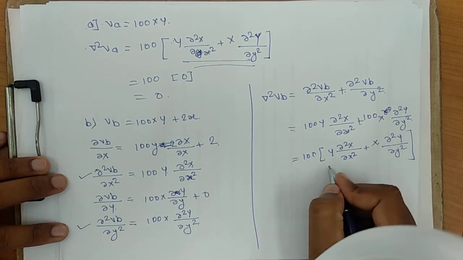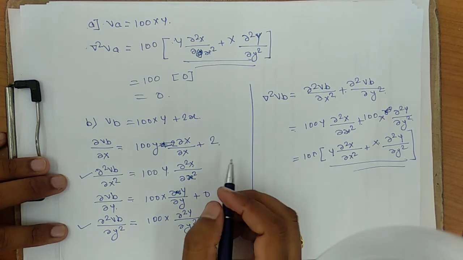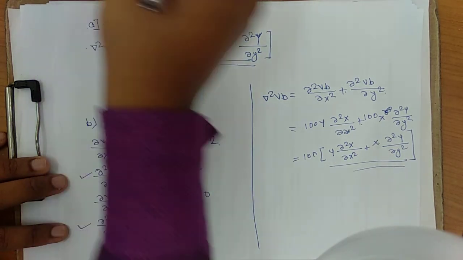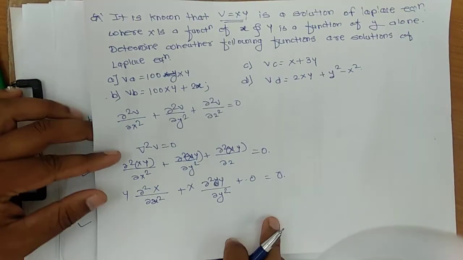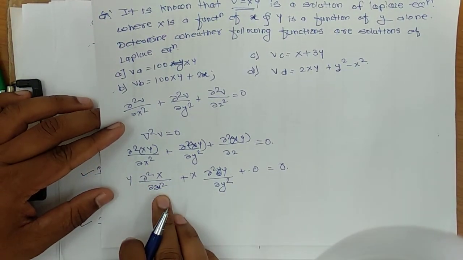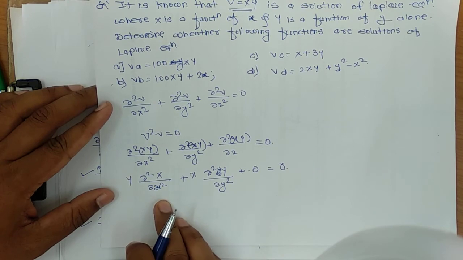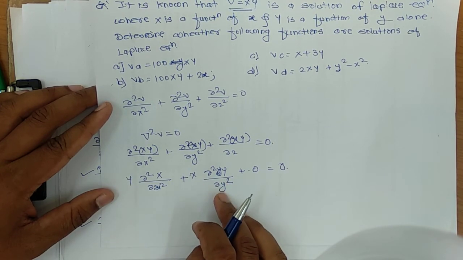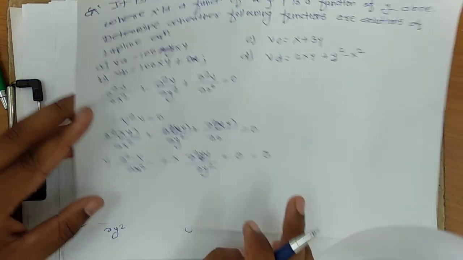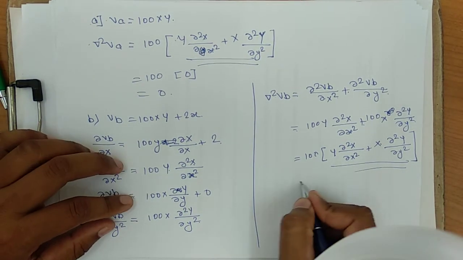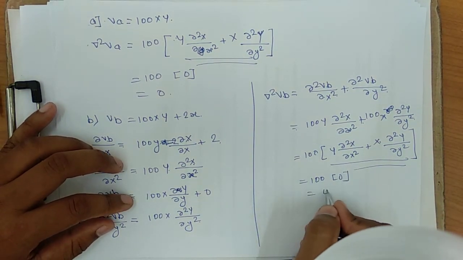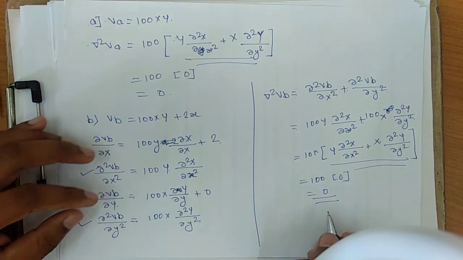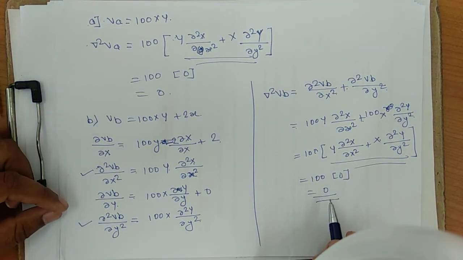But what is the value of this equation? You can see the value of this equation, y ∂²x/∂x² plus x ∂²y/∂y², is 0. So I put that value 0, 100 into 0, so that is 0. What we are proving is that it is a function of a Laplace equation.